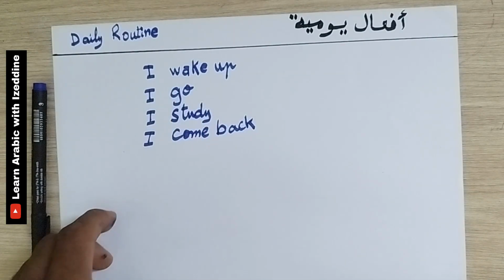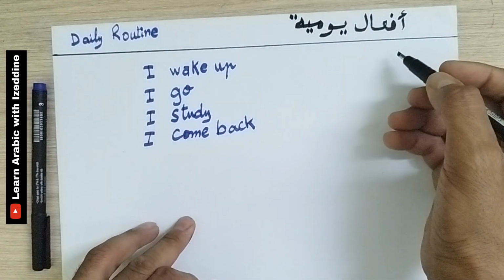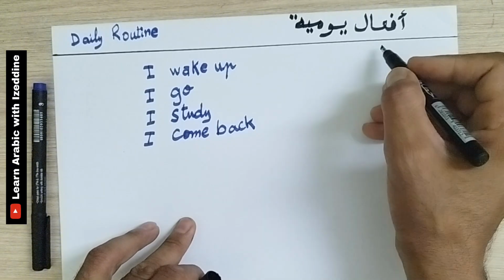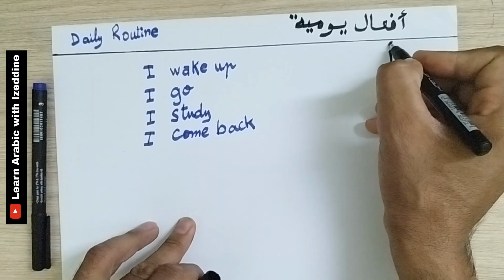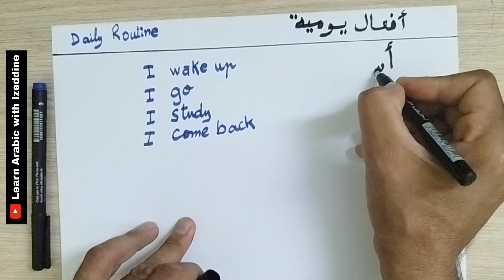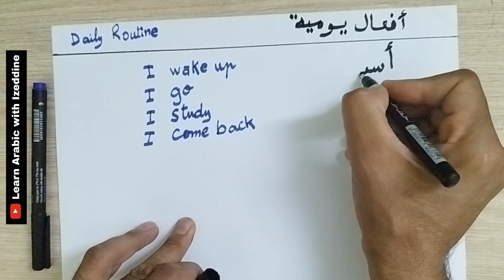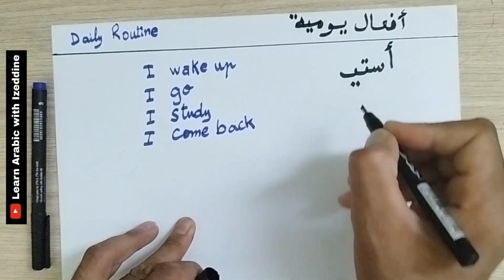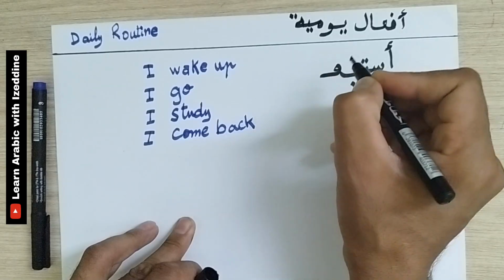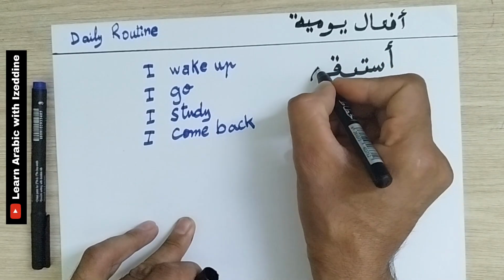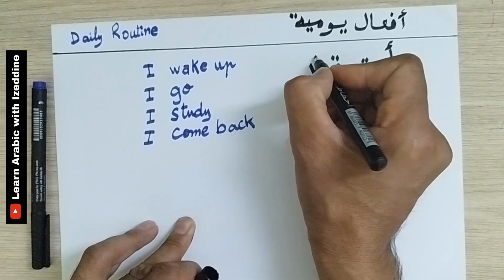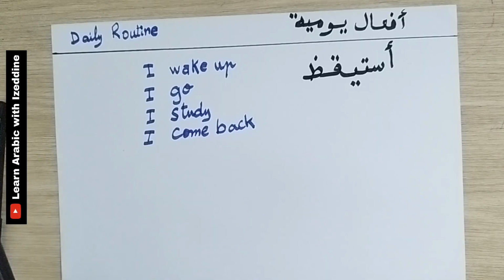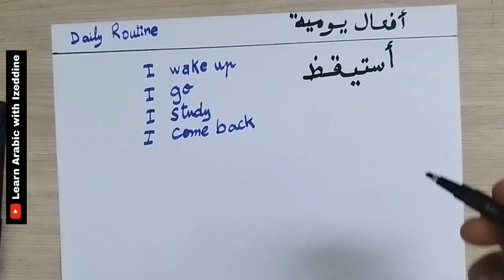I wake up. In Arabic, we say أستيقظ. A, S, T, Y, Q, Z. Okay, now we put the vowels, what we call in Arabic al-harakat.